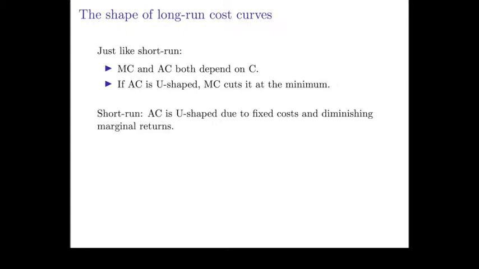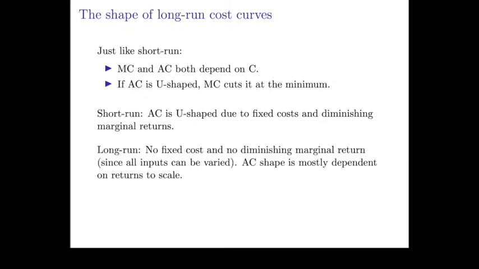Remember, in the short run, the average cost is U-shaped because we might have a fixed cost. So because of the fixed cost, you're going to have decreasing average cost at first, but then because of diminishing marginal returns, you might have an increasing average cost for higher quantities of output.